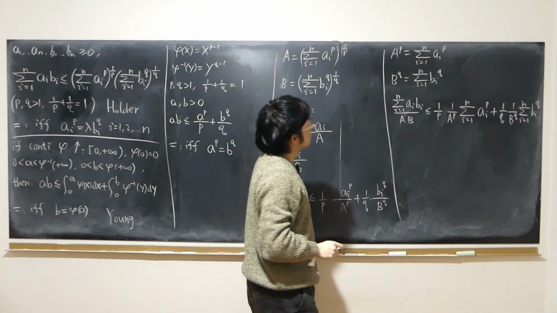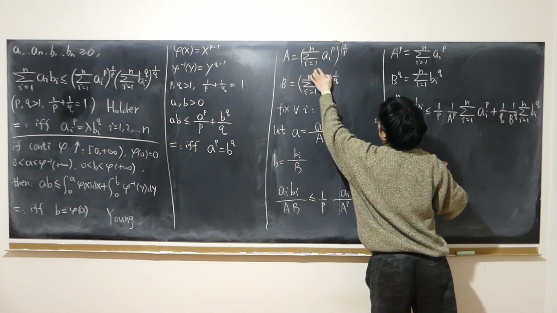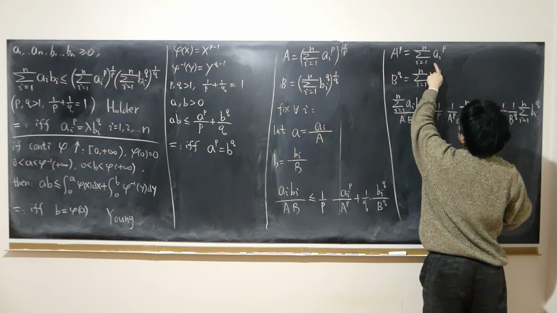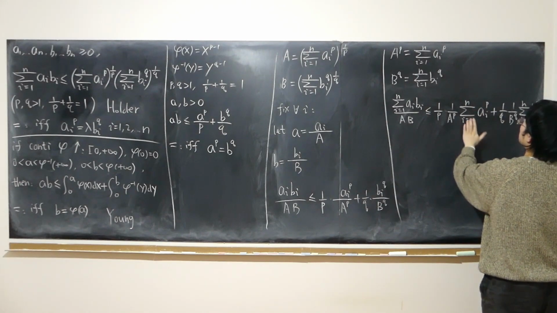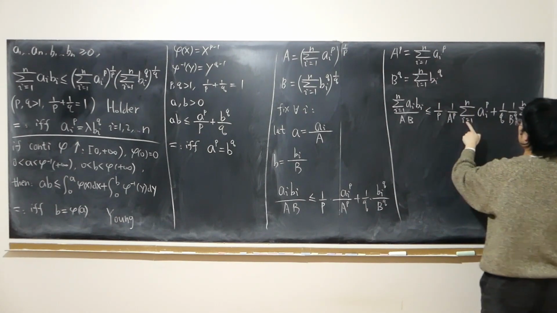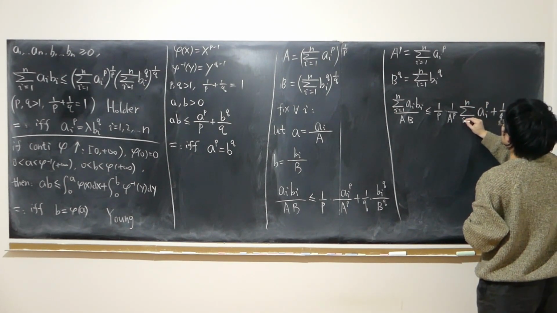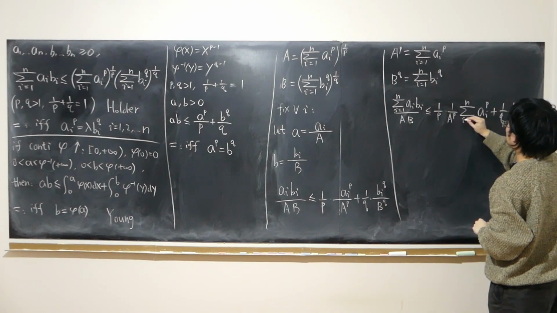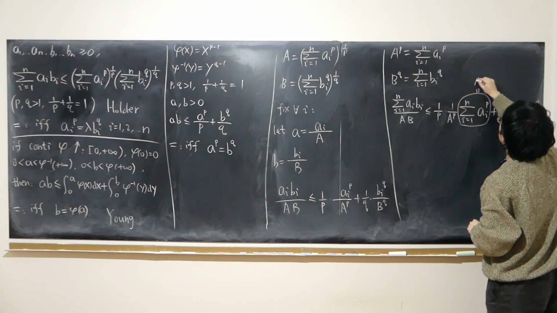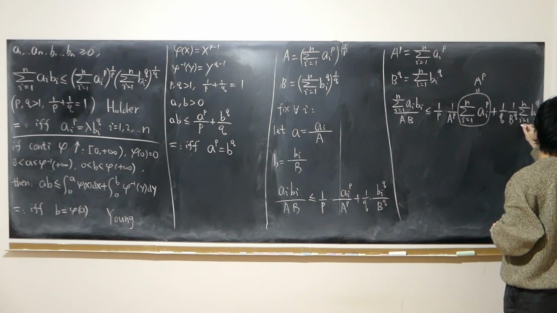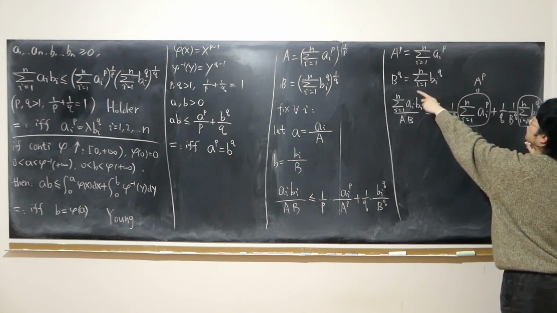So remember, I've just shown that since a is equal to this, a to the power of p is equal to the sum of this, right? So this sum is a to the power of p, and this sum is b to the power of q.